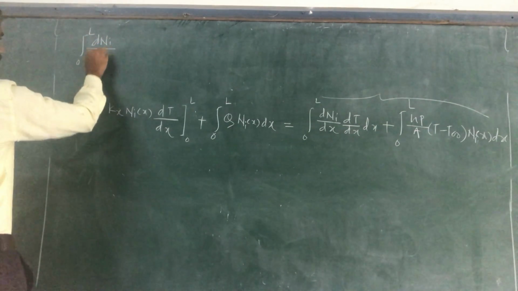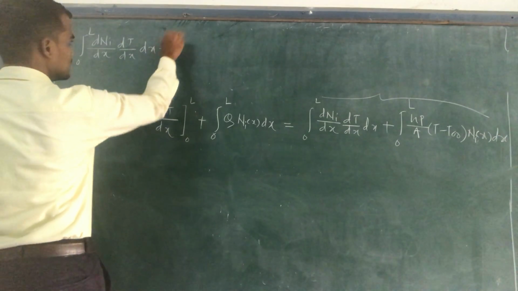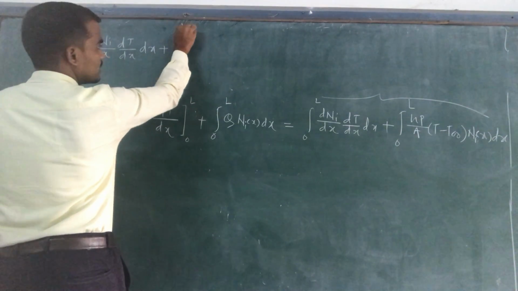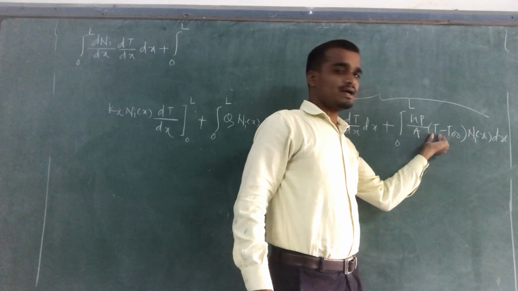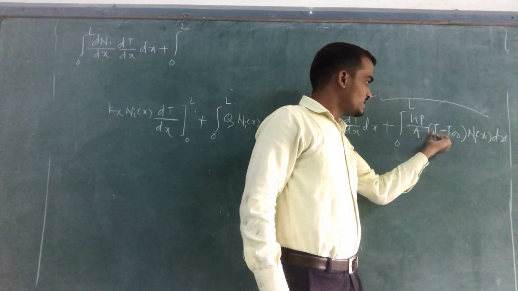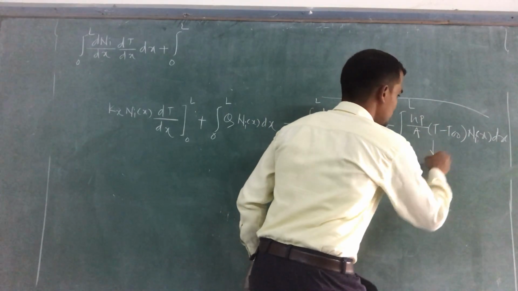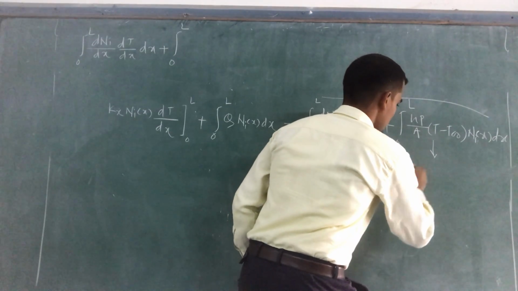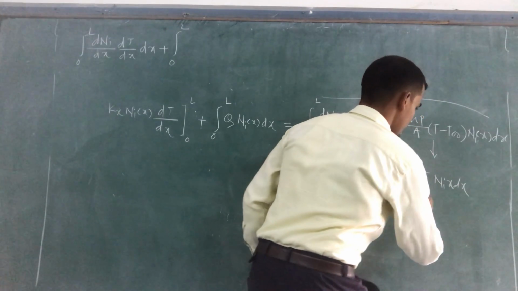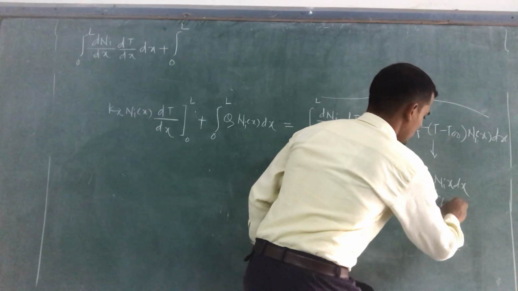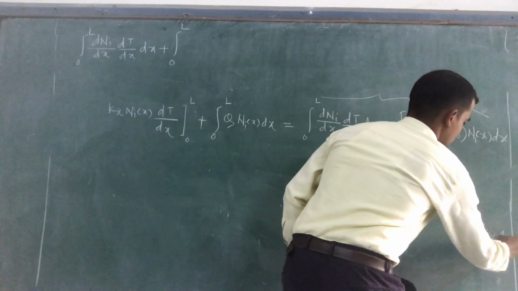So you will get integration 0 to L dNi by dx dT by dx into dx plus integration 0 to L. Here we will write on the LHS only the part which is a function of x. Here T is a function of x, while T infinity is a constant. So we can split this as integration 0 to L h into P by A into T into Ni of x dx minus integration 0 to L h into P by A into T infinity into Ni of x dx.